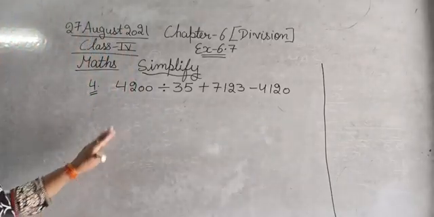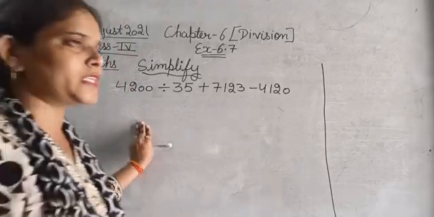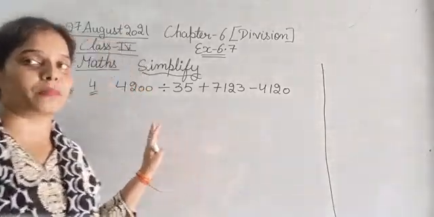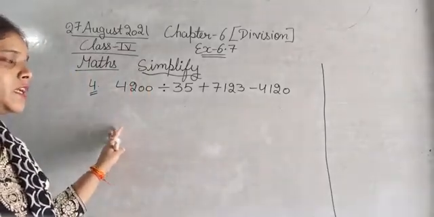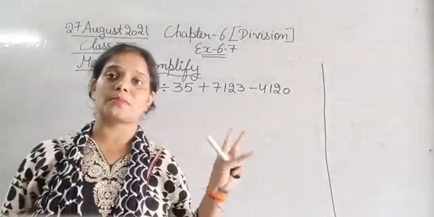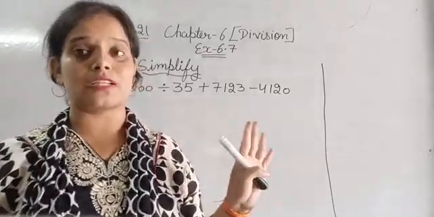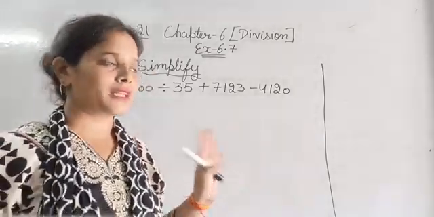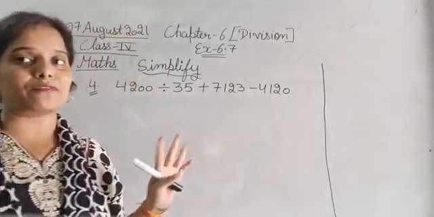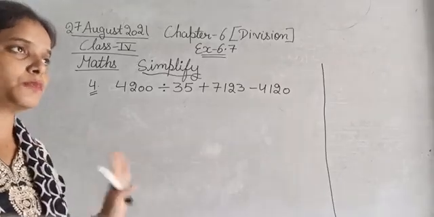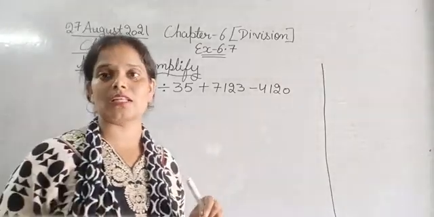So if you remember, in the last session I told you, whenever all four basic operations of mathematics are given, that is addition, subtraction, multiplication and division, we have to use a rule called DMAS. The complete rule is BODMAS, but BO is not in your syllabus.